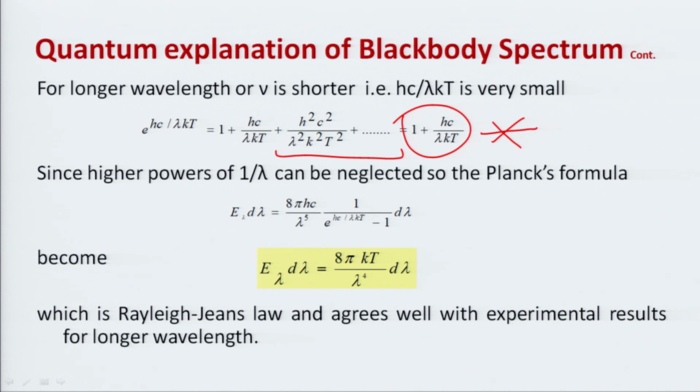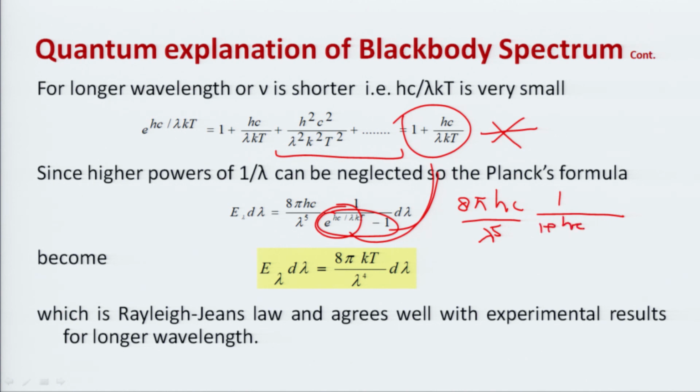So, again this is the Planck radiation law, and if we put this value here, then we have 8 pi h c upon lambda to power 5 and 1 upon 1 plus h c by lambda k t minus 1, and so 1 will be cancelled out.